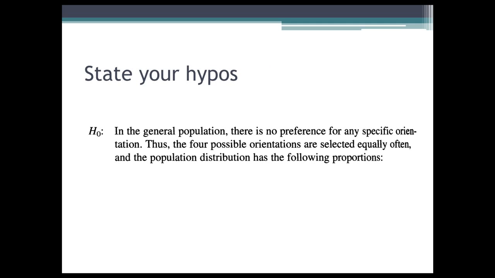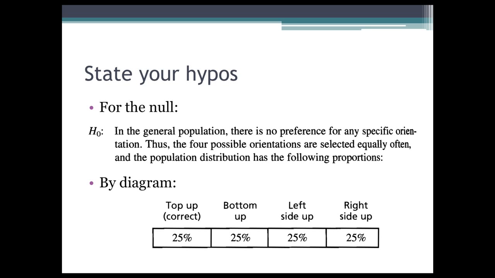The H sub O would be, in the general population, there is no preference for any specific orientation. Thus, the 4 possible orientations are selected equally often, and the population distribution has the following proportions. That would be for the null.